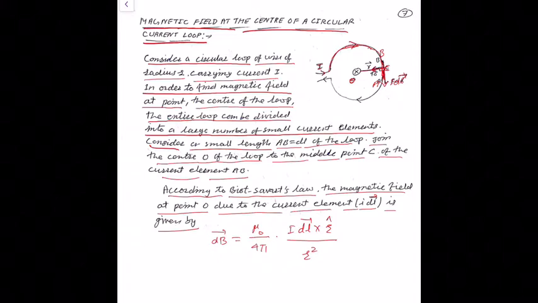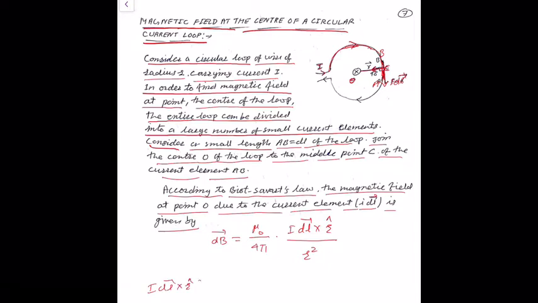Clear? The magnetic field dB vector at point O due to small current element AB points in the direction of I dl vector cross r cap, that is perpendicular to the plane of the loop and in inward direction, as shown by encircled cross.